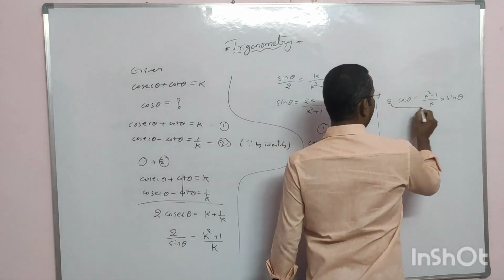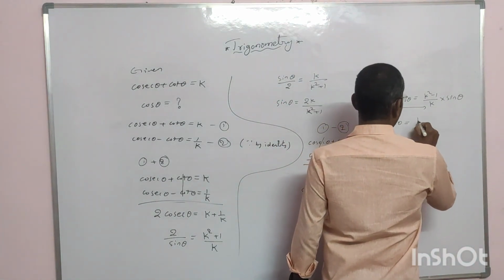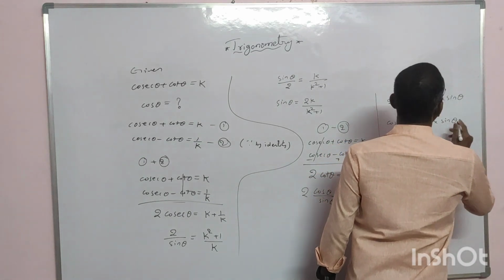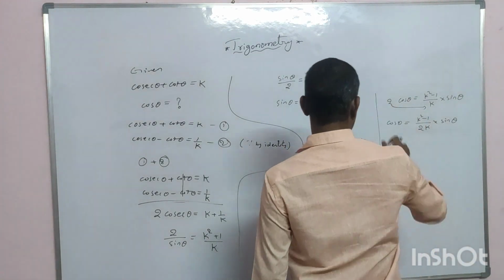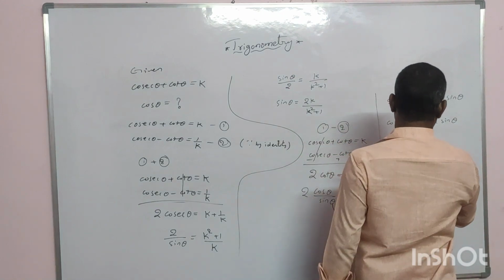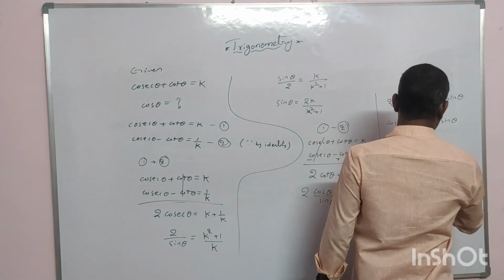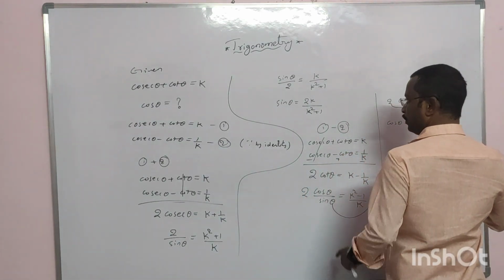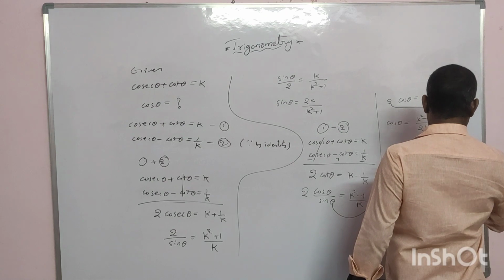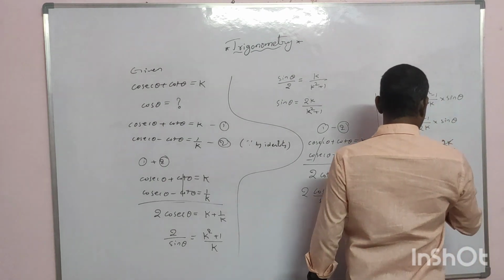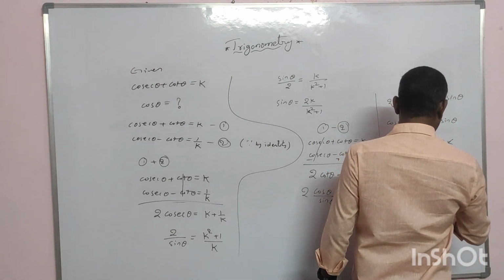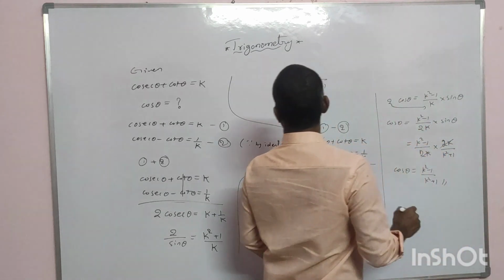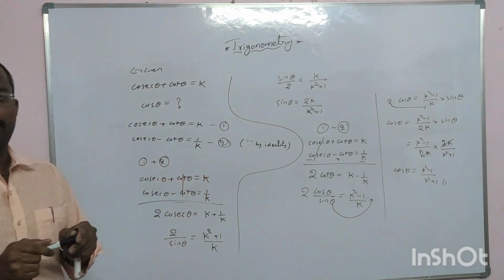And also transpose the 2: cos theta is equal to (k square minus 1) by 2k into sin theta. What do you mean by sin theta? 2k by (k square plus 1). 2k cancels. So what you have? (k square minus 1) by (k square plus 1). That is what he wanted to find.